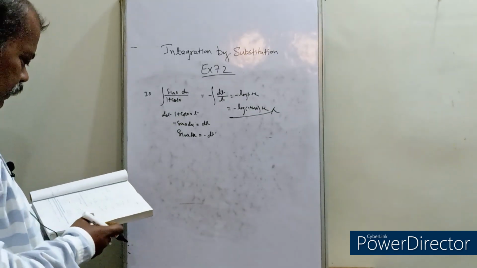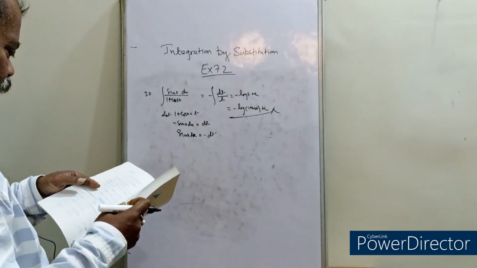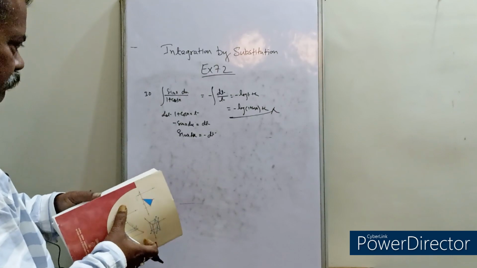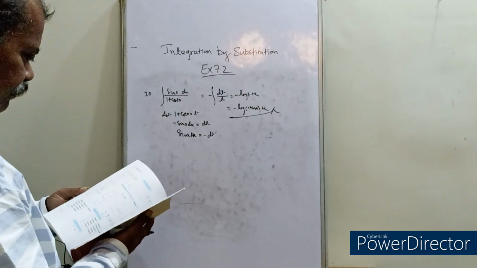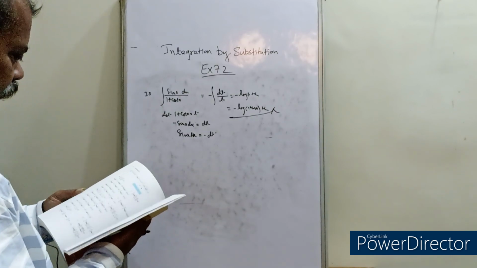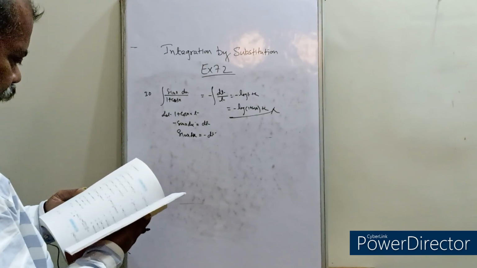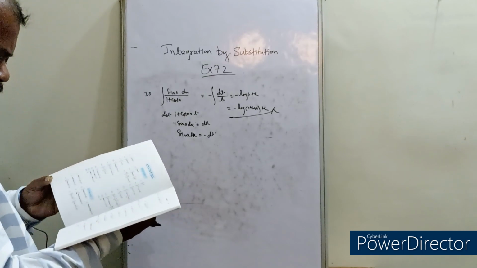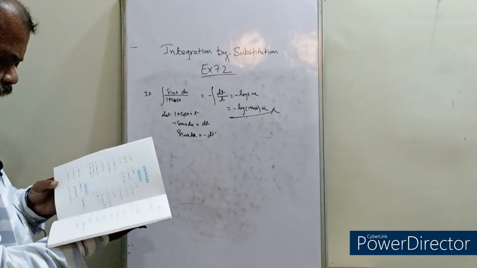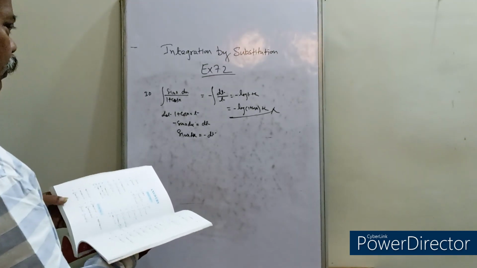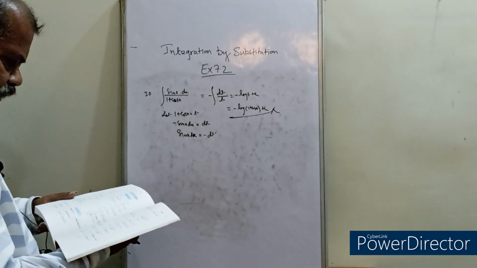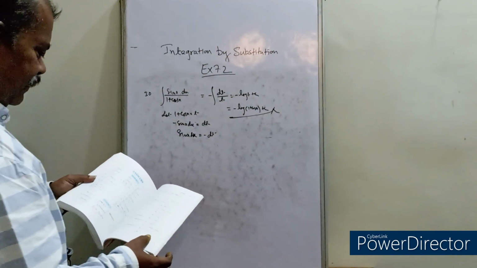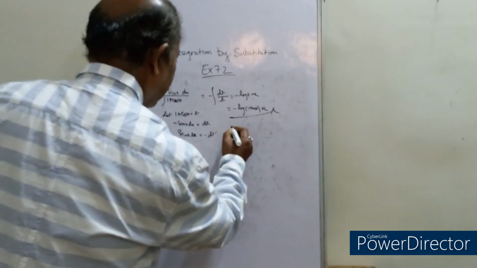Now let me see the answer of 7.2, question number 30. It is 1 plus cos x in the answer.